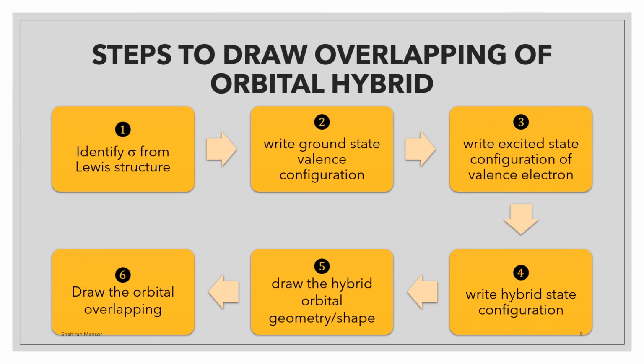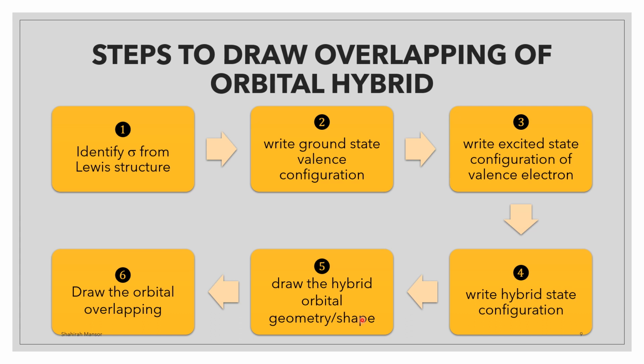These are the steps to draw orbital overlapping of hybrid orbital. So firstly, you have to identify the number of sigma from the stable Lewis structure, and then we will write the ground state valence configuration of the central atom, and then we will write the excited state configuration of the valence electron as well, and then we will write the hybrid state of the configuration.